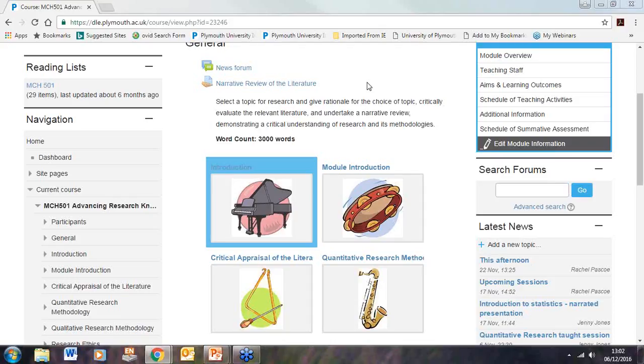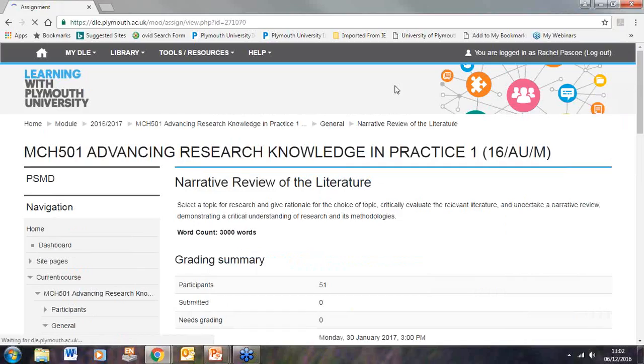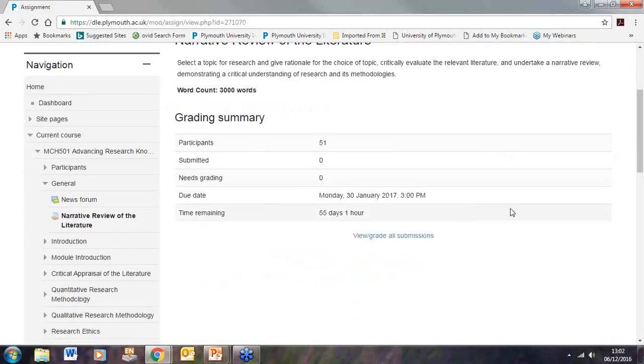So as I said, submitting your assignment isn't complicated. There isn't anything that you specifically need to do. You simply click on the tile, and when I open it, I see this view and grade all submissions because I'm the lecturer. But when you click on that tile, this box says submit assignment.